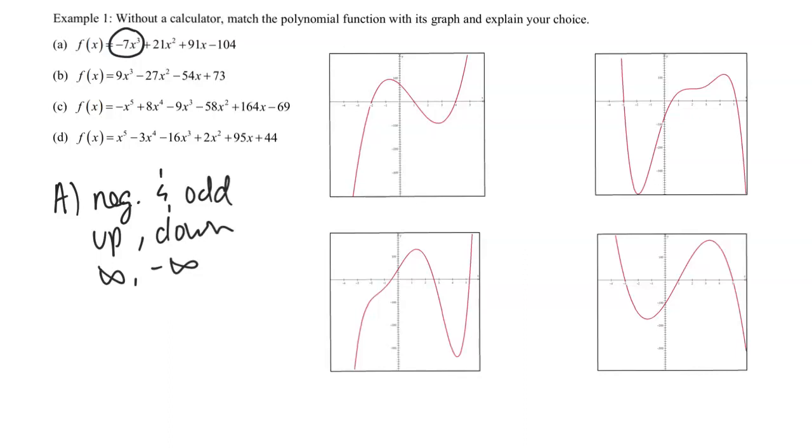And so if we look here, which of these four functions have the up-down behavior? That would be these two in the right-hand column. So this choice here and this choice here are the ones that have up on the left and down on the right. And what's the difference in these two graphs on the right?